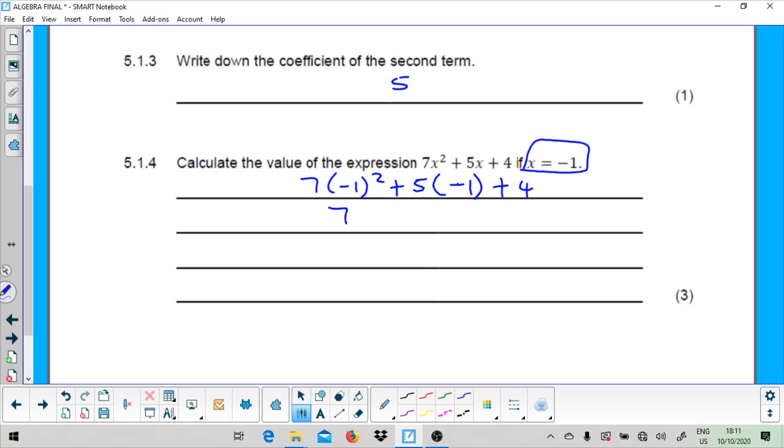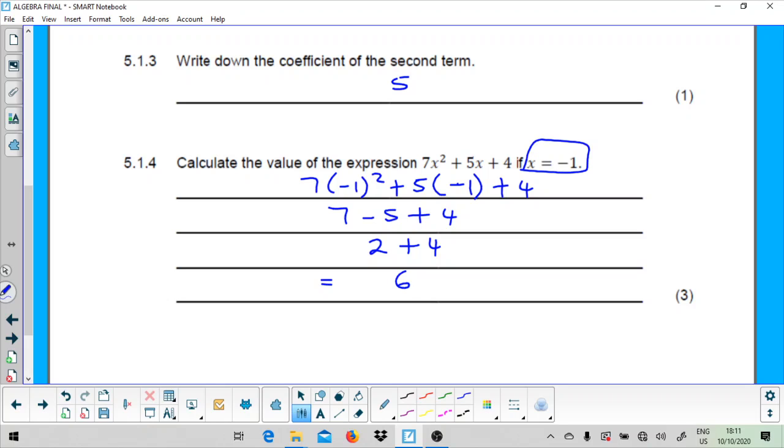So this will be 7 still. 5 times -1 will give you -5 on that one. So quickly put -5 there. And then plus 4. That's all you have to do. So 7 minus 5, that would be 2. 2 plus 4, if I must show it, will give us 6. So our final answer will simply be 6.